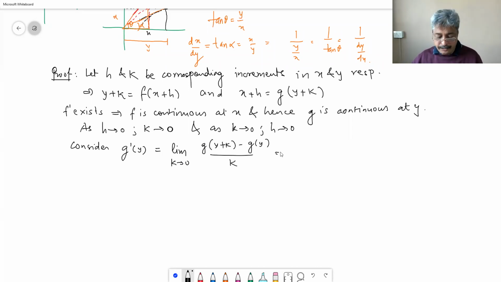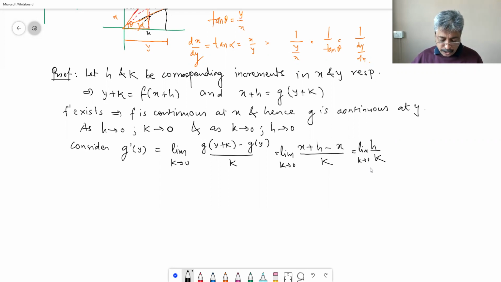That is what is the derivative. But g of y plus k is x plus h, and g of y is x, divided by k, which is equal to h upon k. Limit k tends to 0, h upon k.